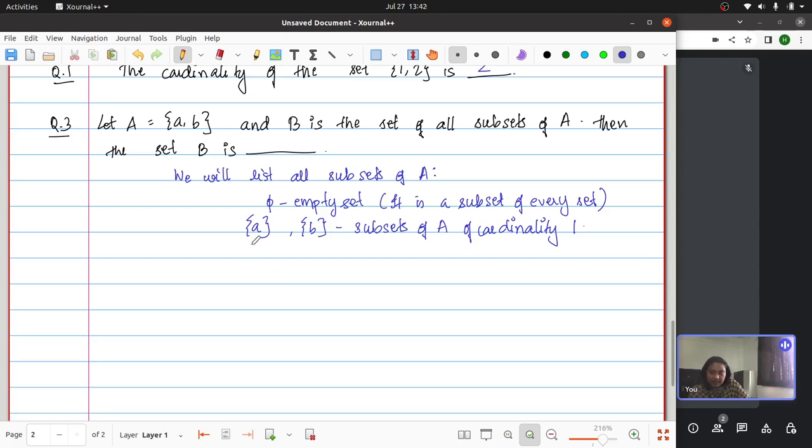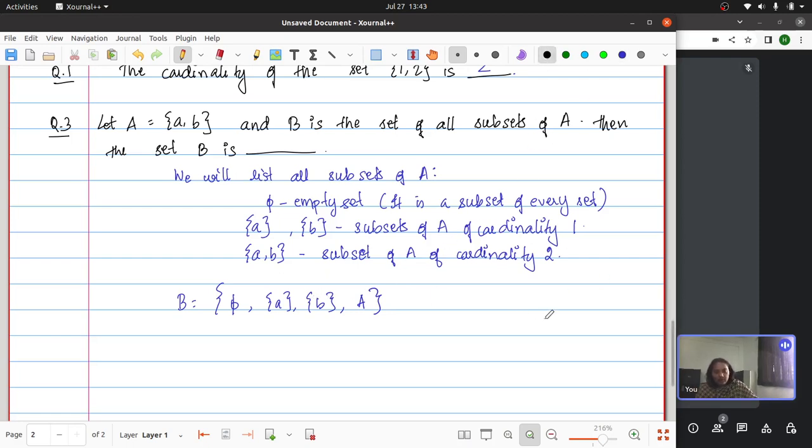And finally we have the set itself, which is of cardinality 2, a subset of A. So the subsets are the empty set, the singleton set {a}, the singleton set {b}, and finally the whole set A itself.